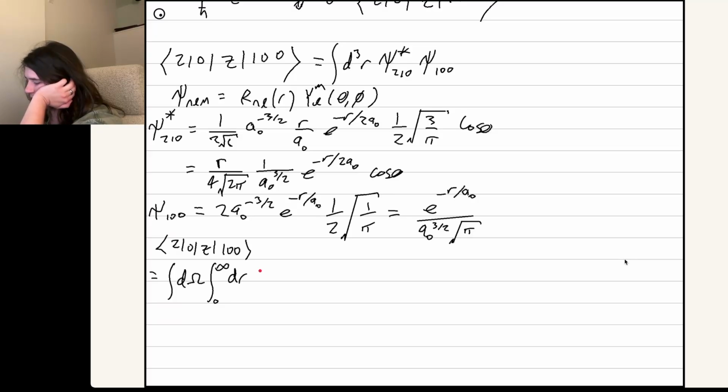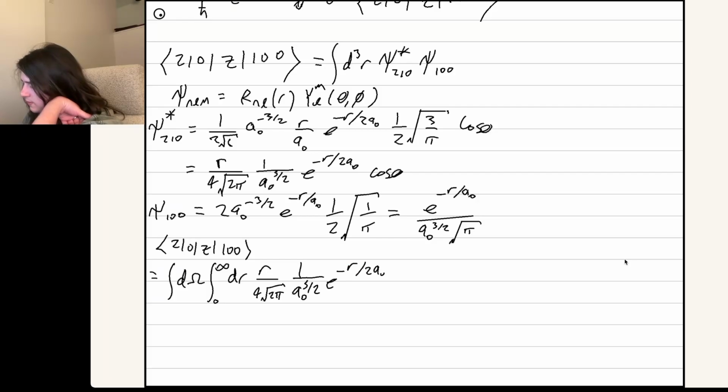Let's just write it all out. r over 4 root 2 pi, 1 over a naught to the 5 halves, e to the minus r over 2a naught, cosine theta.